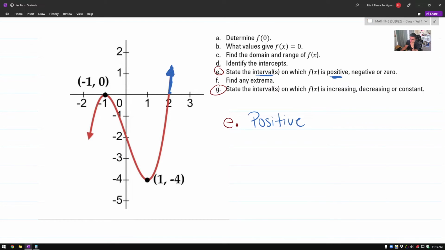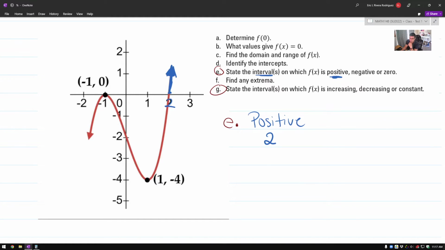What we are going to do first is to identify from which x value it starts going above the x-axis. And that value is 2. It is here. So I'm going to start with 2. Remember that I'm going to write an interval.